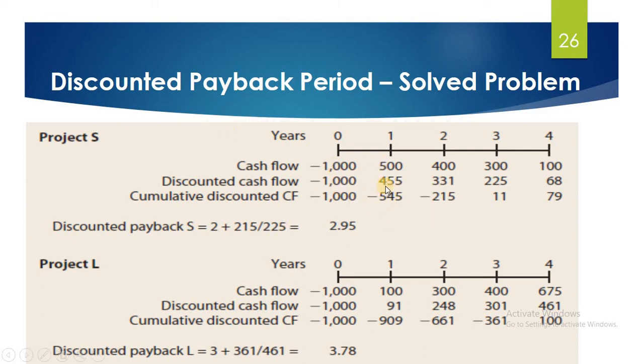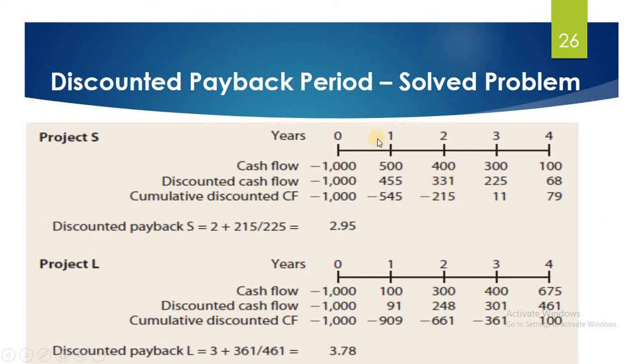Then in year 1, project S will generate 455 discounted cash flow. So if we adjust plus 455 with minus 1,000, we get minus $545 cumulative discounted cash flow in year 1.